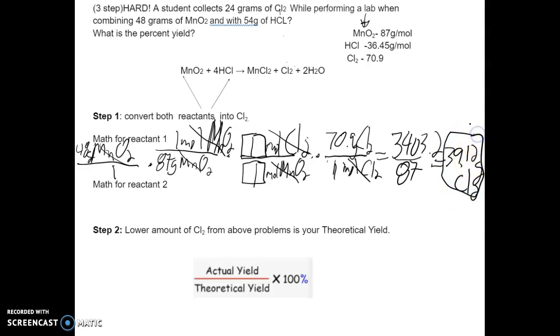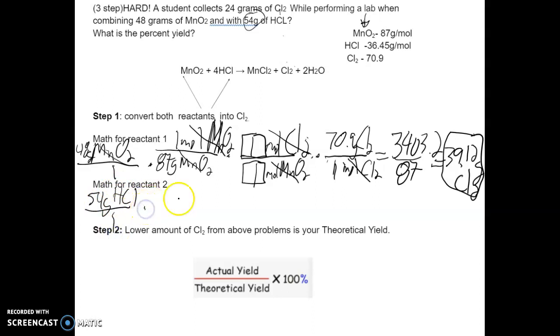So that's how much can be made here. Now this is just to find my limiting reactant. So I'm going to do the math again for my other reactant, which in this case is HCl, and it says 54 grams of HCl. So I'm going to do that. 54 grams HCl, stick that over 1.